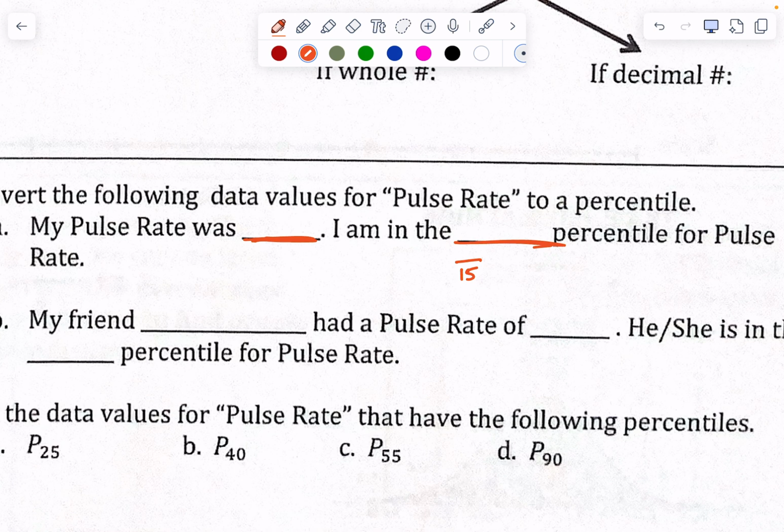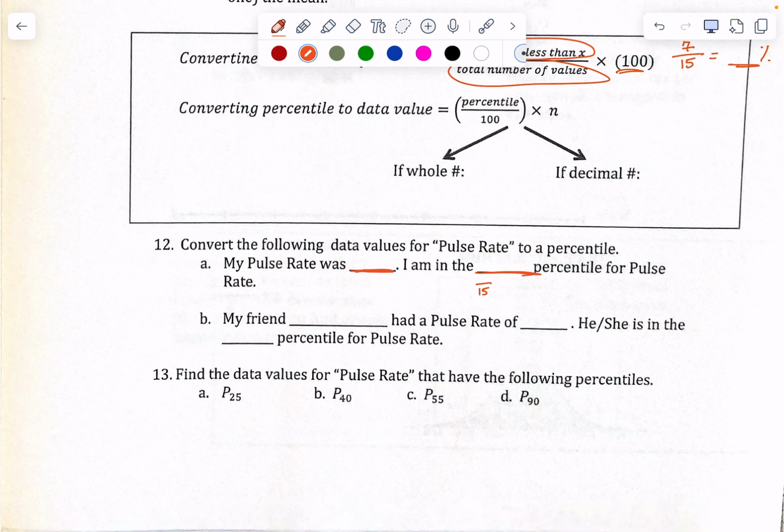My friend Jeffrey had a pulse rate of this much. He or she is in the whatever percentile. Wait, so if it's a .1333, I just say 13? Yeah. So you're in the 26th. Do you want a whole number or a decimal? You round up. That's the other one.